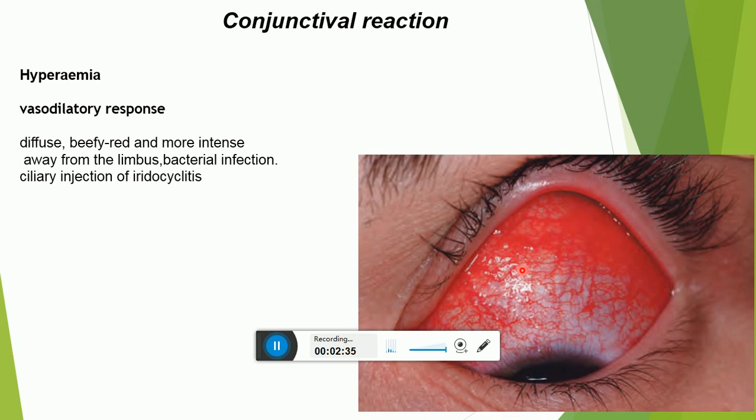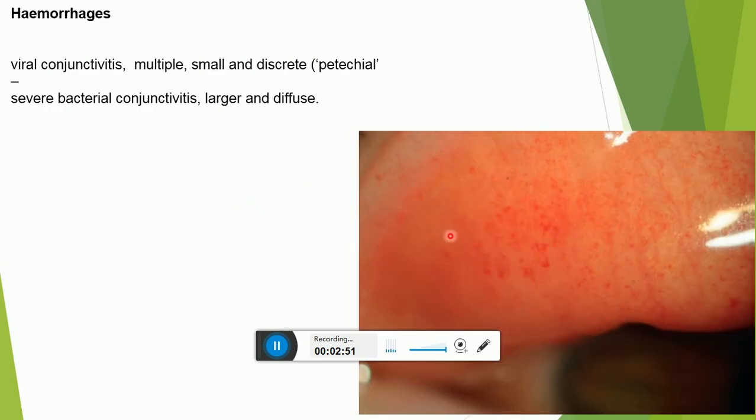This conjunctival injection should be distinguished from ciliary injection of iridocyclitis. Conjunctival hyperemia is a vasodilatory response. Next is hemorrhages. They occur in viral conjunctivitis. They are multiple, small, discrete, known as petechial hemorrhages. They are severe in bacterial conjunctivitis, where they are larger and diffuse.